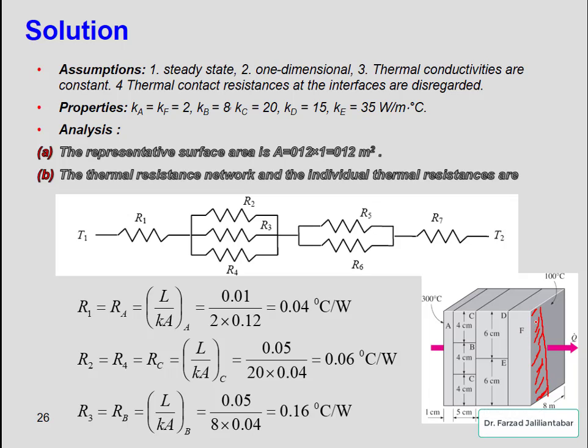This is A. We are going to work on this A. And you can see here is 12 centimeter in this direction. This is 1 meter. Then we have 1 meter, and in this direction is 12 centimeter. Then this is the surface area of heat transfer for material A.